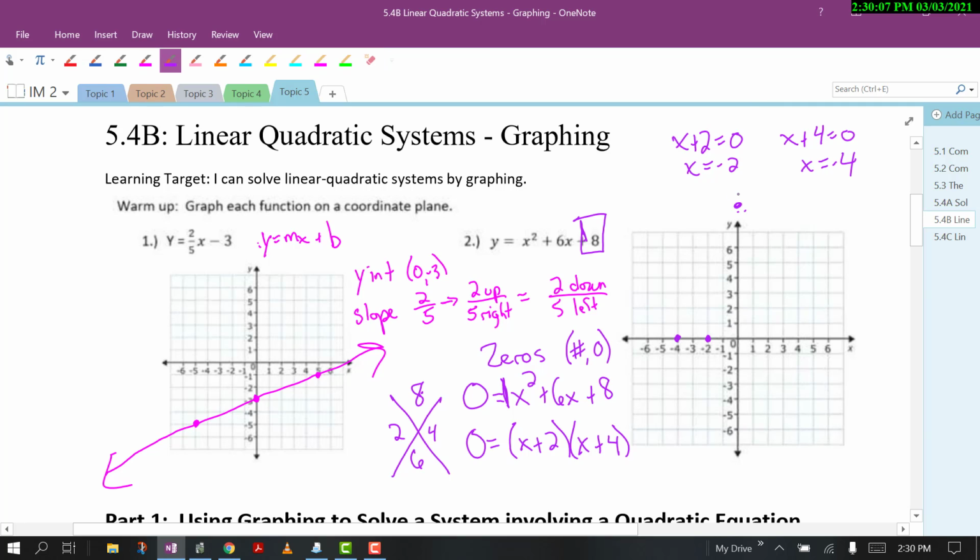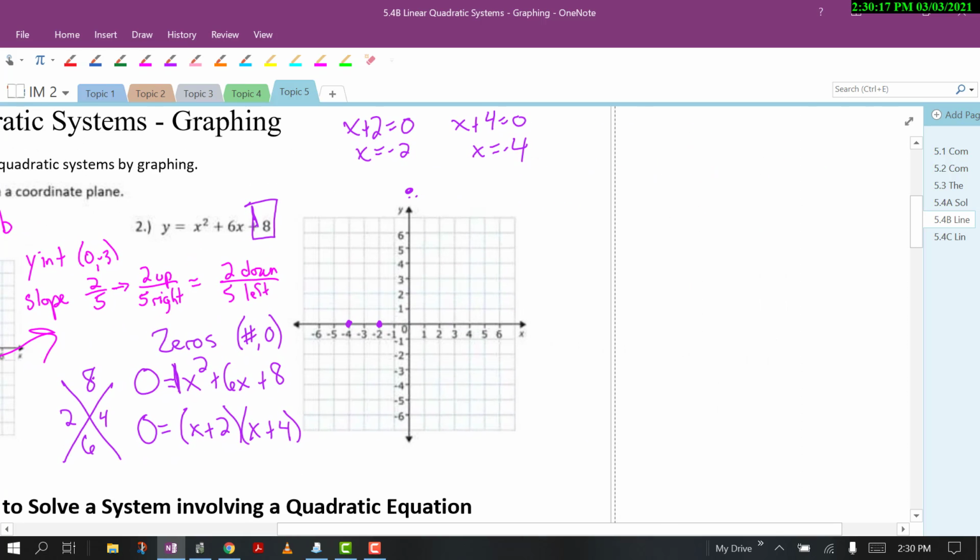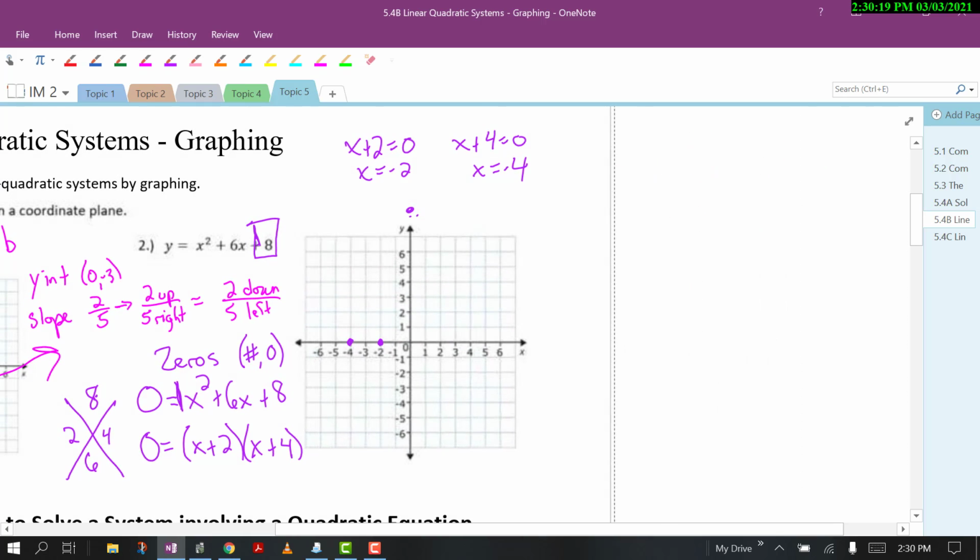So our vertex is in between our zeros. So the way we can get in between there is we take the average of those two values. -2 plus -4 divided by 2 to find the average. So it's -6 divided by 2. That's -3, our h, or our vertex x.